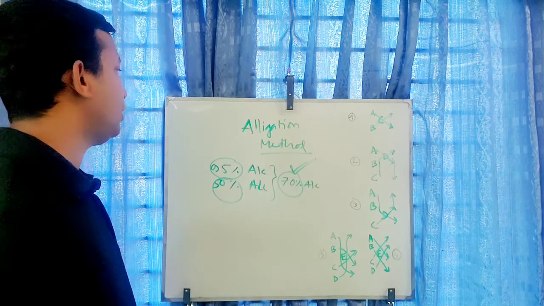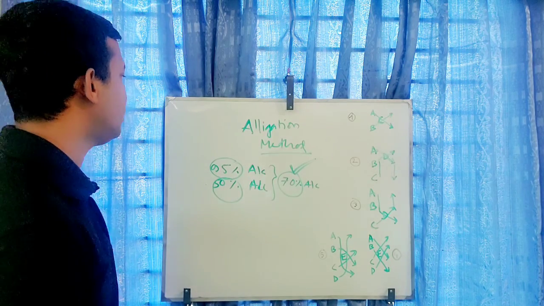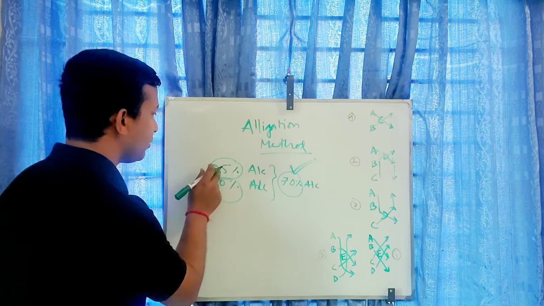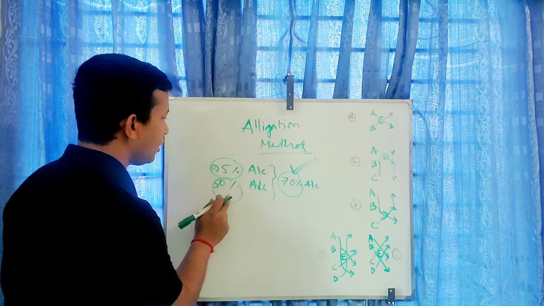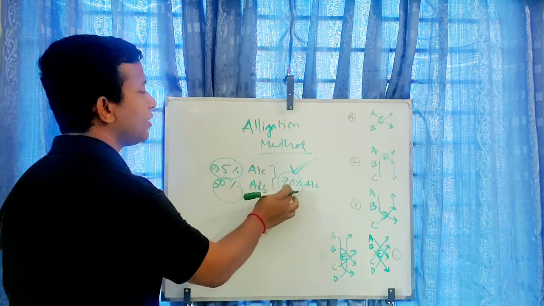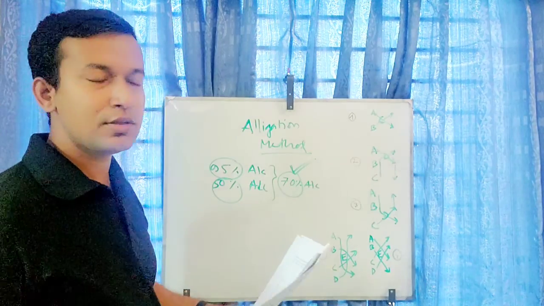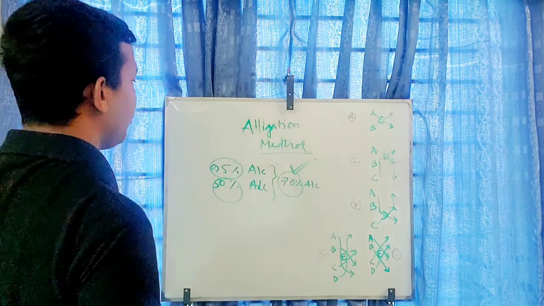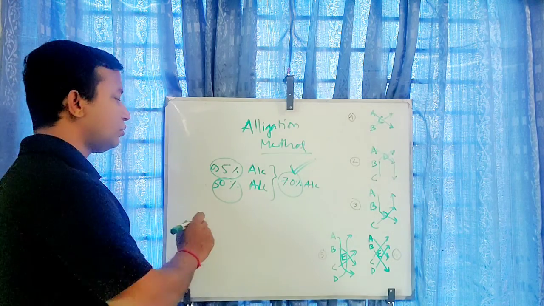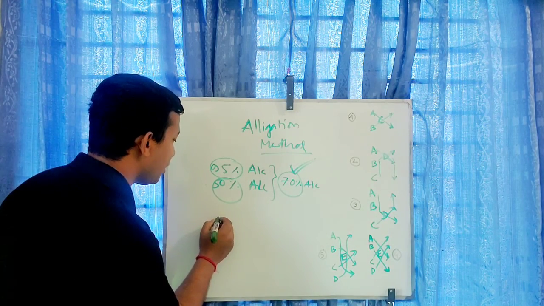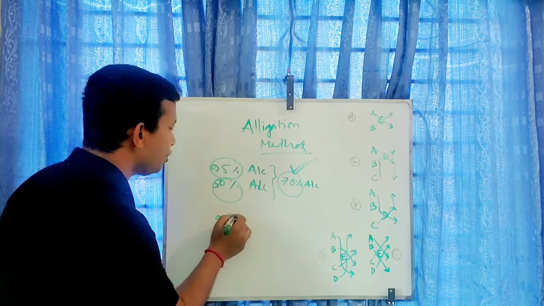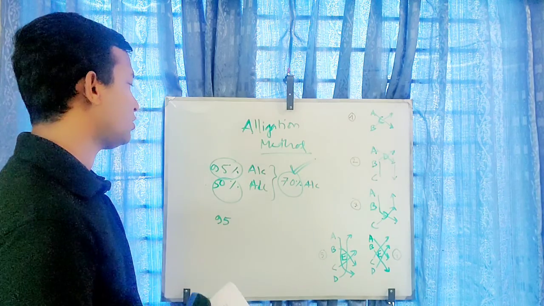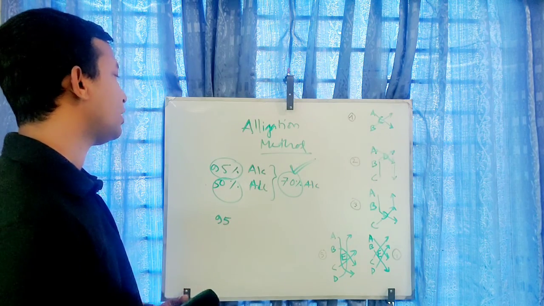So if we see three concentrations here, say for example this one and this one are A and B, and the desired concentration is C. So how do we solve this problem? First of all, we have to write the higher concentration here, like 95. We don't need to put the percentage sign, just to make the calculation easy.